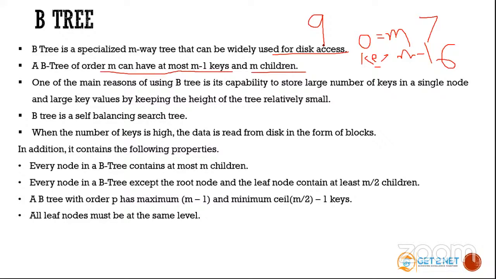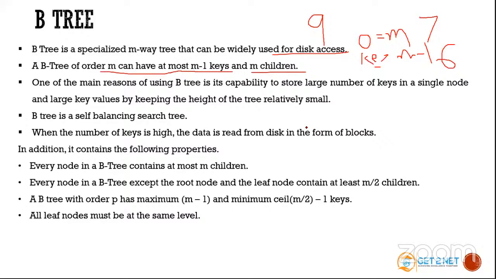I hope Soumya is not there now, maybe some network issue. Okay, Himani, can you say how many children? Himani is also not there. Okay, Swati, how many children? Yeah, it would be 9 children.